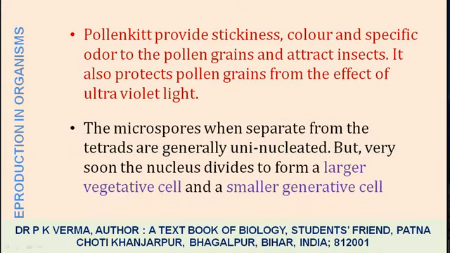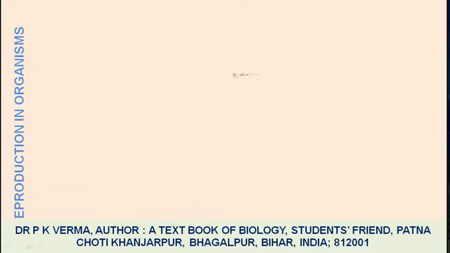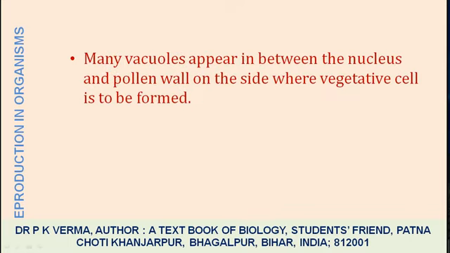The microspores, when separate from the tetrad, are generally uninucleated, but very soon the nucleus divides to form a larger vegetative cell with a vegetative nucleus and a smaller generative cell with a generative nucleus. Many vacuoles appear in between the nucleus and pollen wall in the site where the vegetative cell is to be formed.